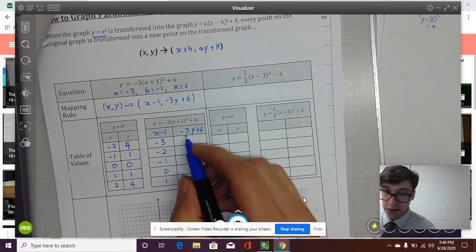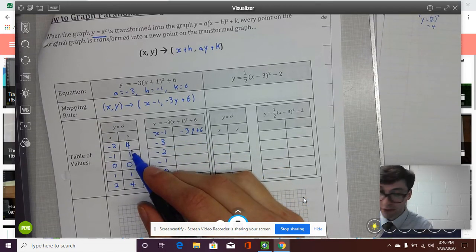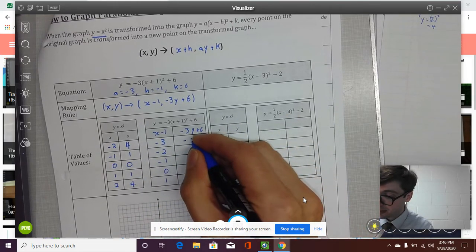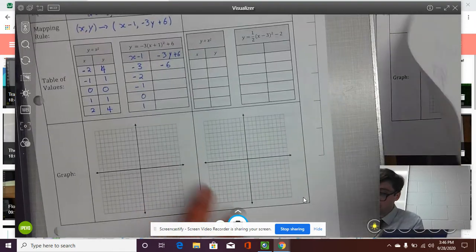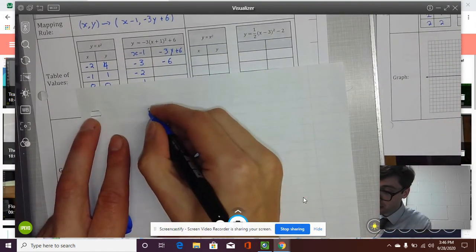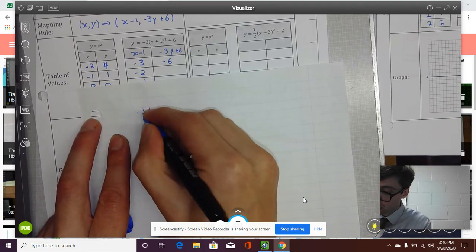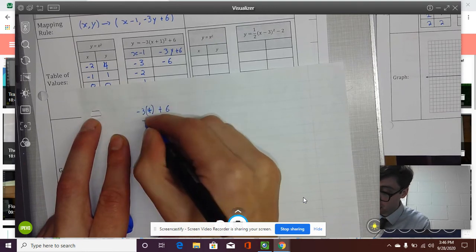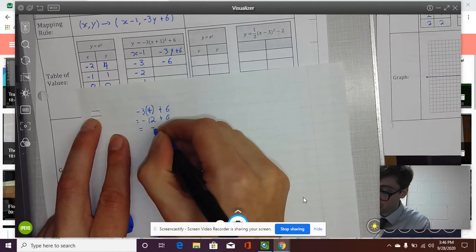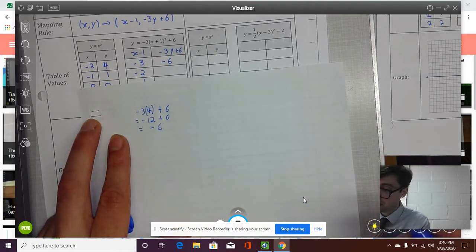For the y values, I'm going to multiply each value by -3, and I'm going to add 6. So 4 times -3 is -12. I'm going to add 6, so I'm at -6. Again, if you want to do this on scrap paper or in a calculator, go ahead. So what I did on that first one is I took 4 times -3 plus 6, which is -12 plus 6. So my new y coordinate is -6.